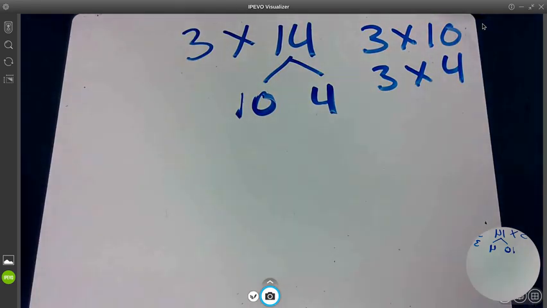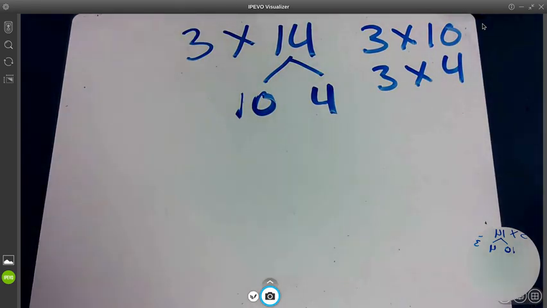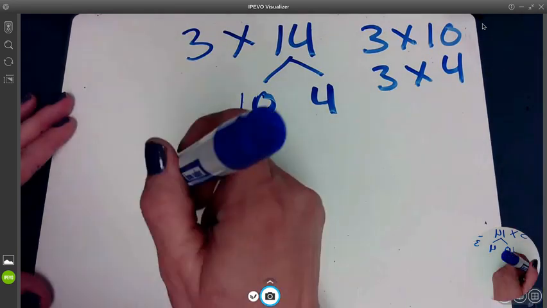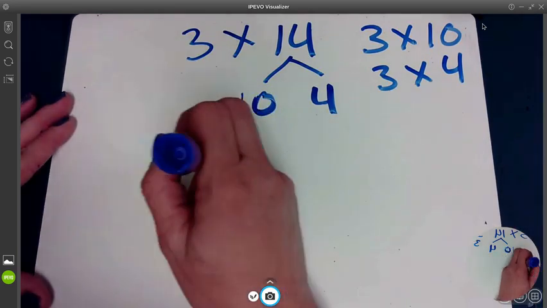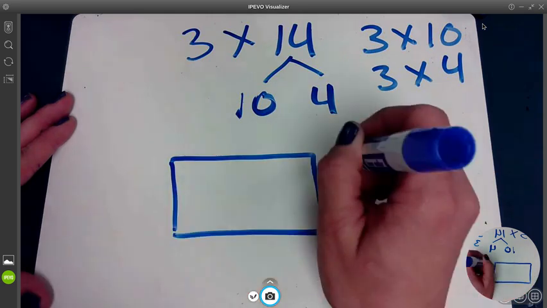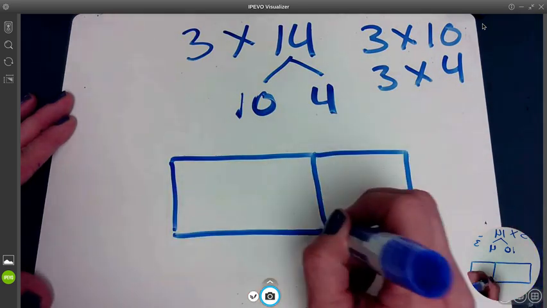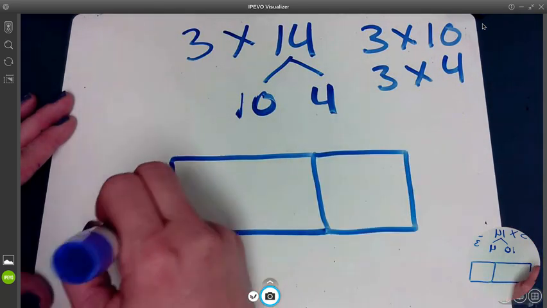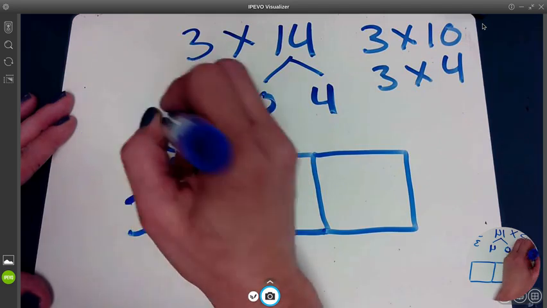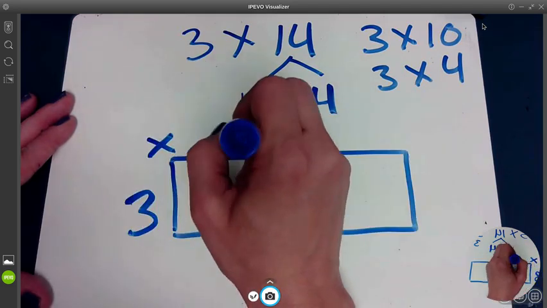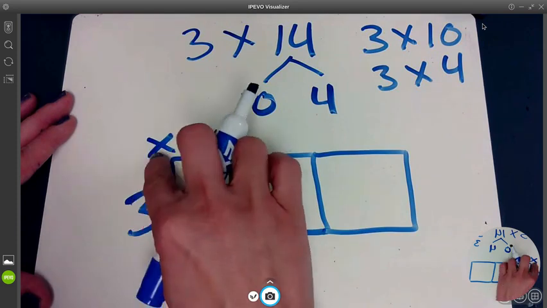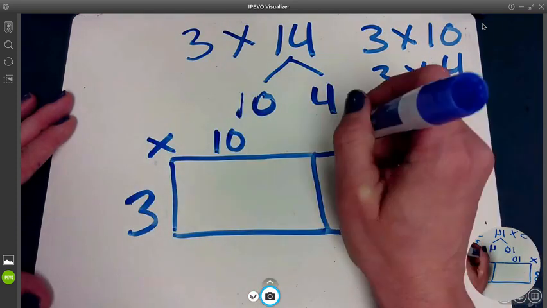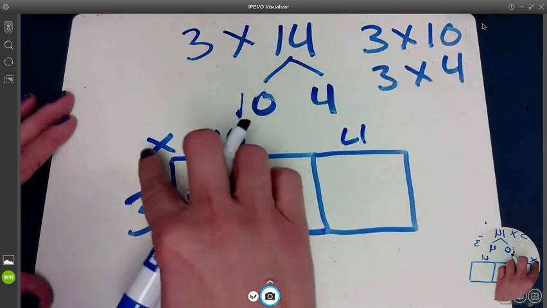Now, sometimes you'll see something called an area model, and it'll look something like this. They'll have 3 here, multiplication sign there, and the 10 for 3 times 10, and then they'll have a 4 over here for 3 times 4.